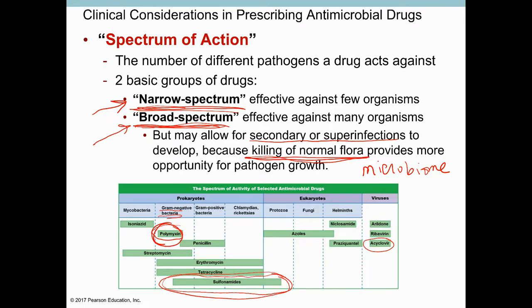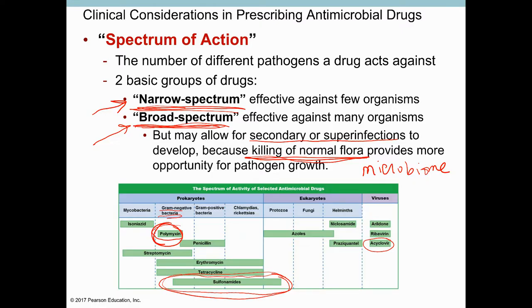If somebody takes a broad spectrum antibiotic, it's not unusual for it to work against the initial infection, but a week or two later, that individual has a second infection with something else. A yeast infection is a pretty common secondary infection when a patient is treated with a broad spectrum antibiotic. That's the downside of using one.